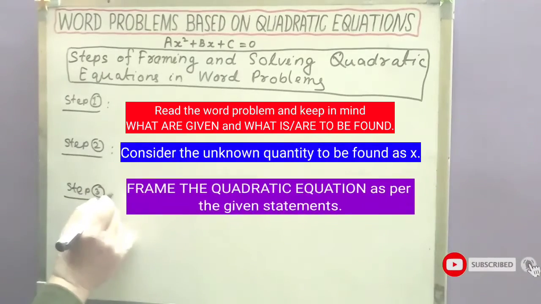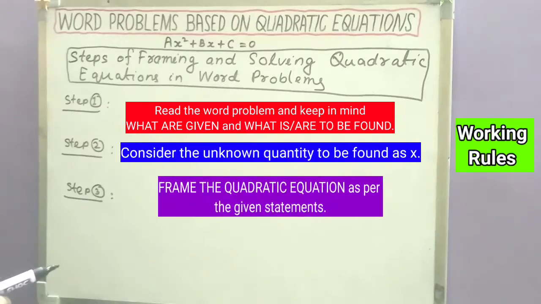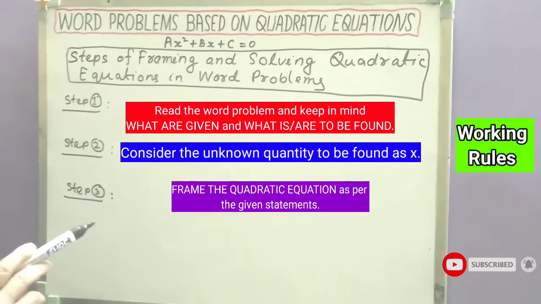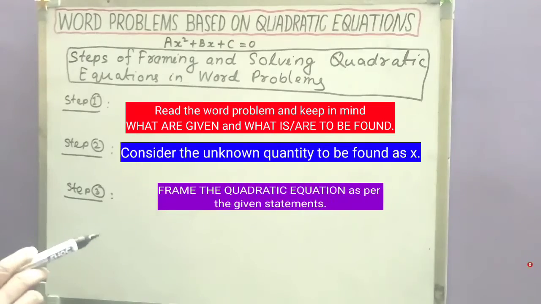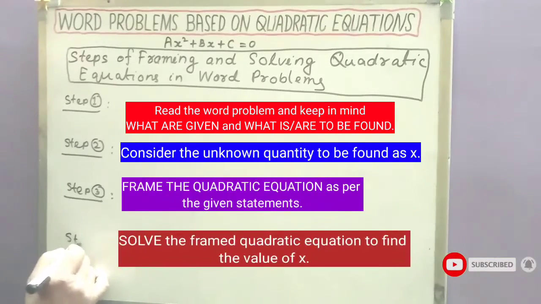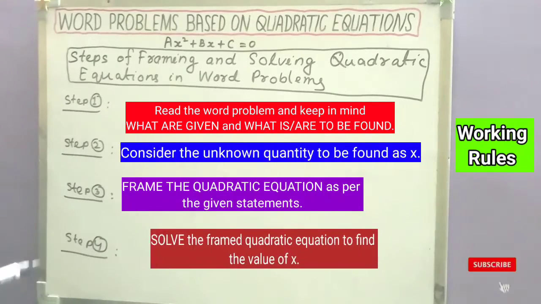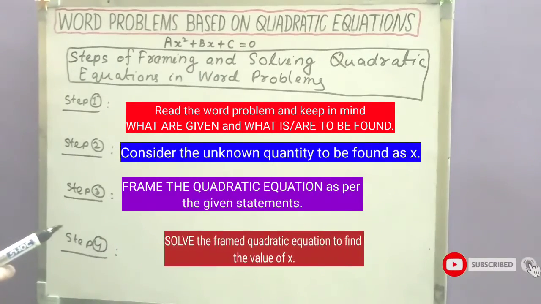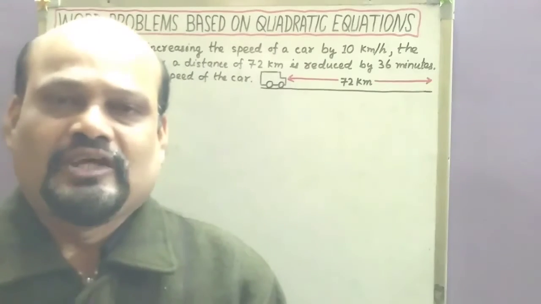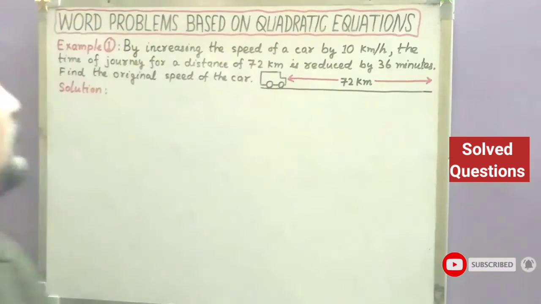Step 3. Frame or form the quadratic equation as per the given statements in the word problem. Step 4. Solve the framed quadratic equation to find the value of x. Let's solve some word problems based on quadratic equations.